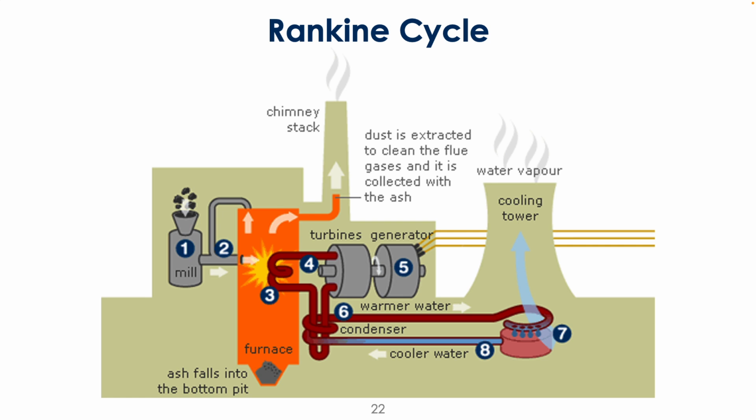Whereas natural gas, and we'll see this in just a second, you literally just inject it into the turbine and blow it up, and that's much faster to ramp up. And then a nuclear plant would be even slower because you have to start up the fission process and then heat up the water.